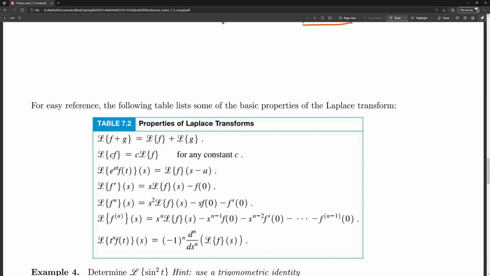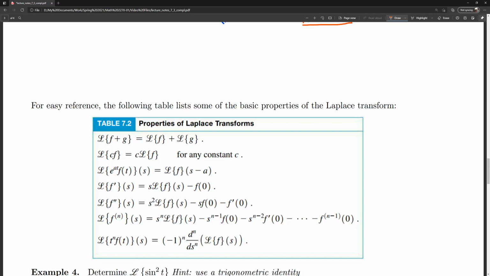The Laplace transform of c times a function f, where c is a constant, is c times the Laplace transform of f. Then we have the translation in a. The Laplace transform of e to the power at times f of t is the Laplace transform of f at s minus a. And then the Laplace transform of f prime, the Laplace transform of f double prime, and more generally, the Laplace transform of the nth derivative.